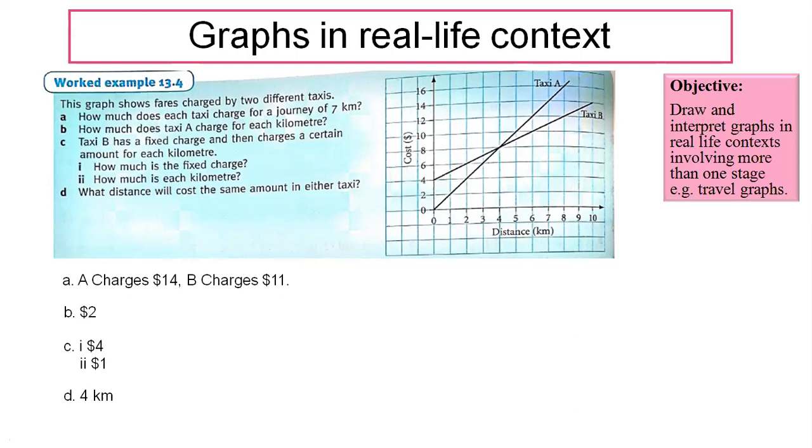But for each kilometer that taxi A drives, you pay $2. Taxi B, once you get into the taxi, you have to pay $4 even if the taxi didn't drive. See, distance 0 but you have to pay $4 because you ordered that taxi. Maybe this taxi is Uber. You have to pay a fixed amount, $4. But then for each kilometer he drives, you pay a specific amount. For each kilometer, $1.